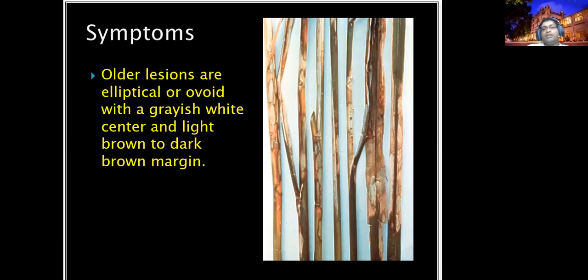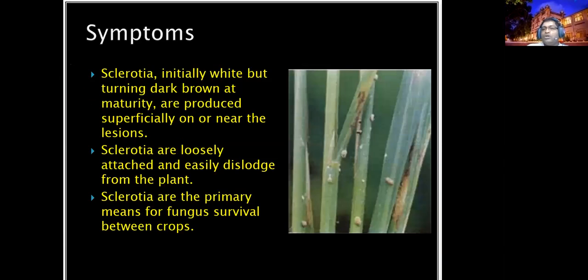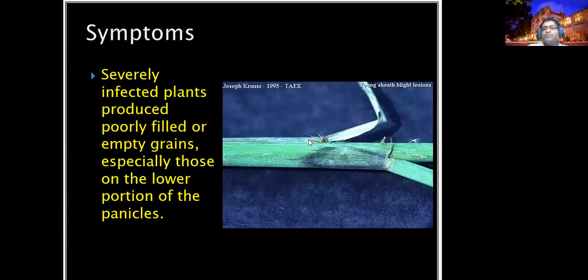If the disease advances, the lesion can be observed in the leaves too, where the leaf sheath lesions coalesce with irregular outlines and death of the whole leaves. Other than that, severely infected plants also produce poorly filled or empty grains. So these four symptoms are important.